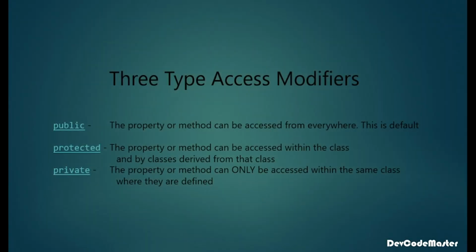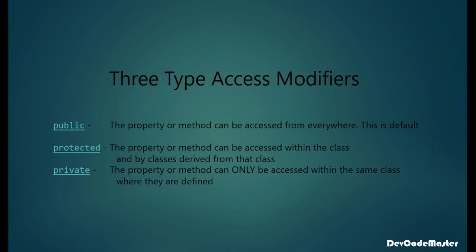Second, I'll discuss the protected access modifier. So what is protected? The property or method can be accessed within the class and by classes derived from that class.